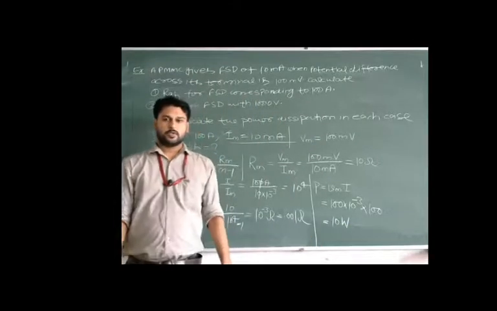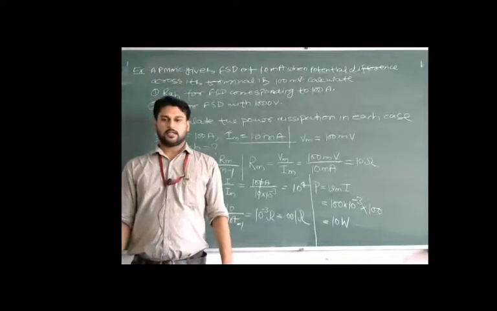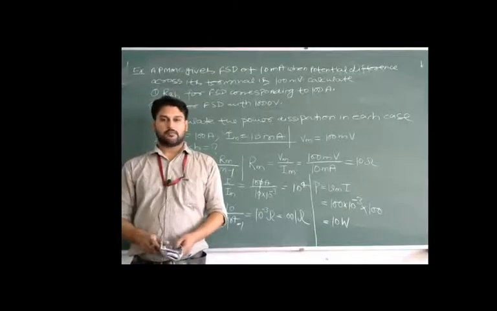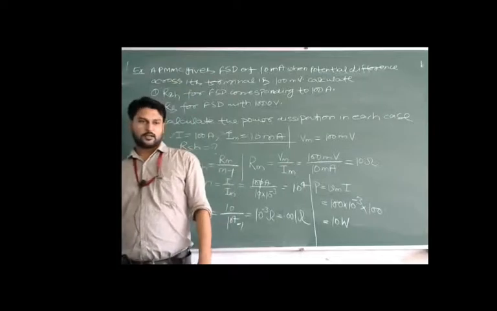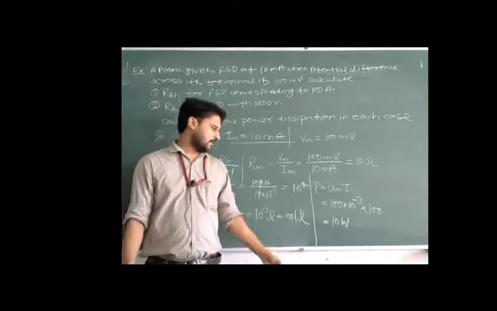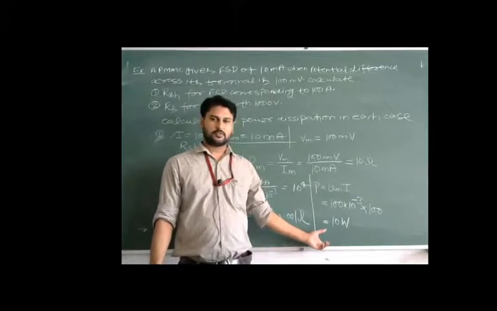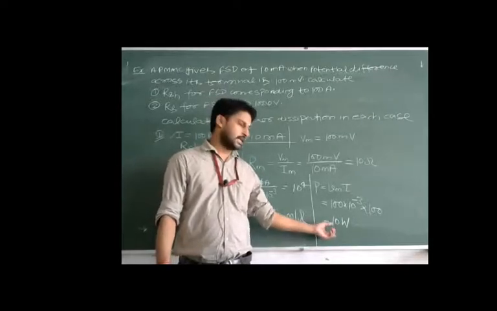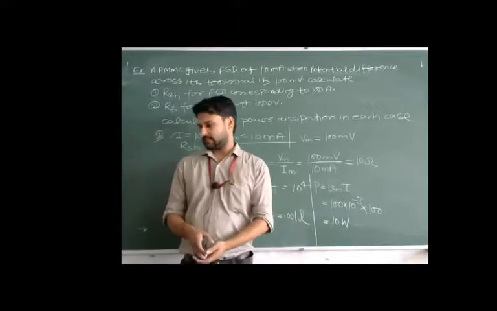So when we connect this instrument in series with any element to find the current through the element, a power dissipation of 10 watt will take place in the instrument itself. So to measure the value of current through the element, this instrument will take 10 watt from the circuit.